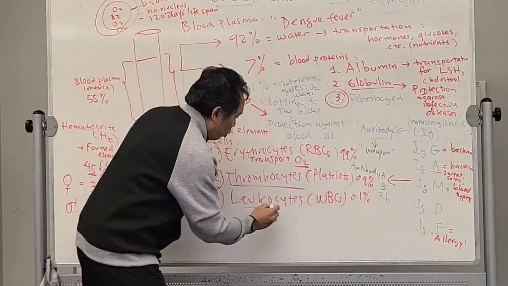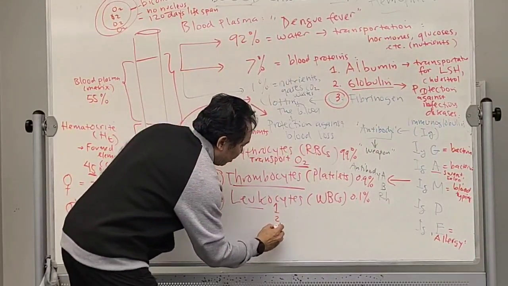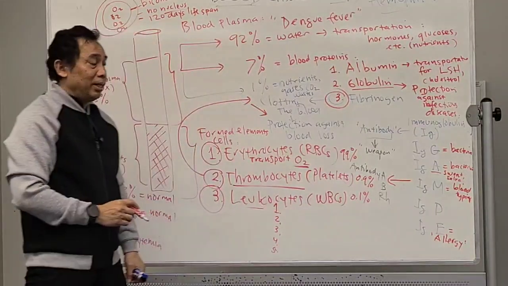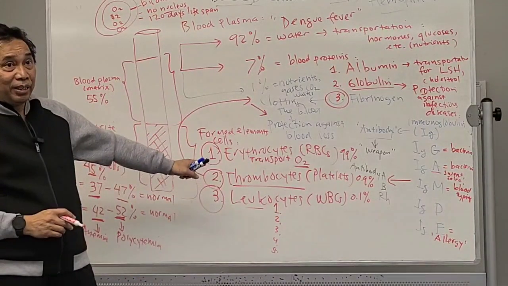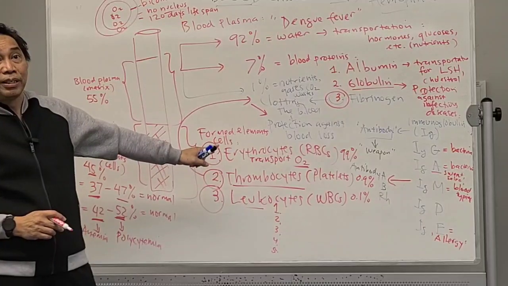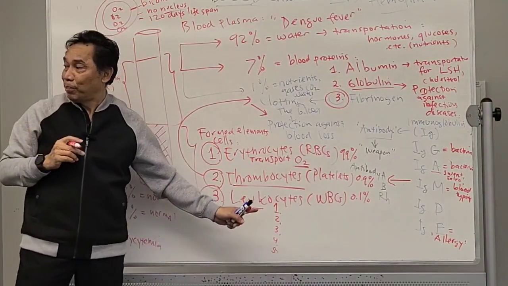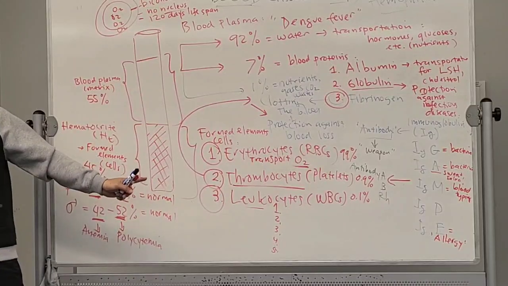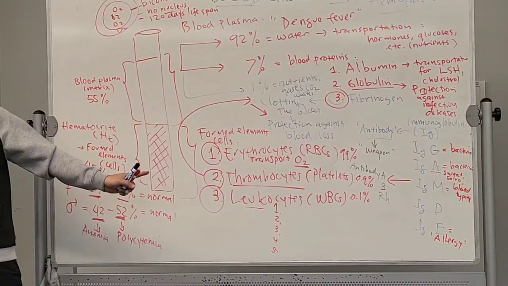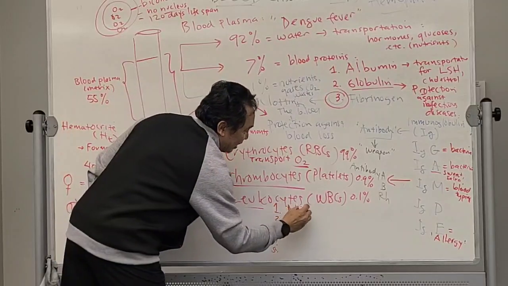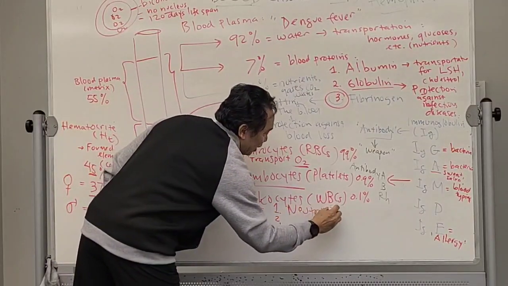Now, we have 5 types of white blood cell, and we learned yesterday. What is the most abundant white blood cell that fights against bacteria? Start with what letter? Neutrophil.